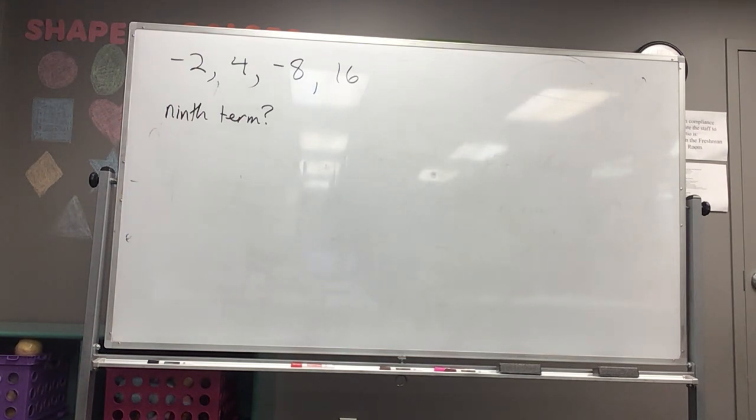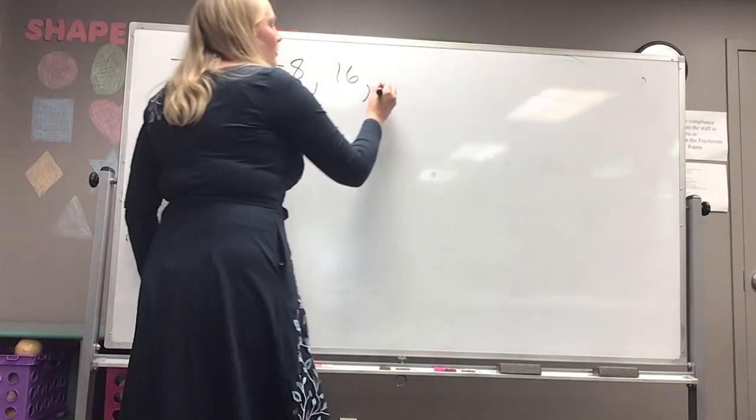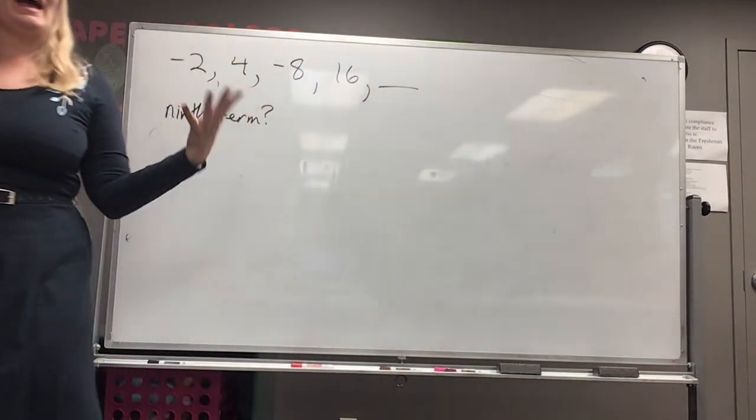So again, what is our common ratio, or what would we even do to this next thing to find the 5th term? What is our pattern?